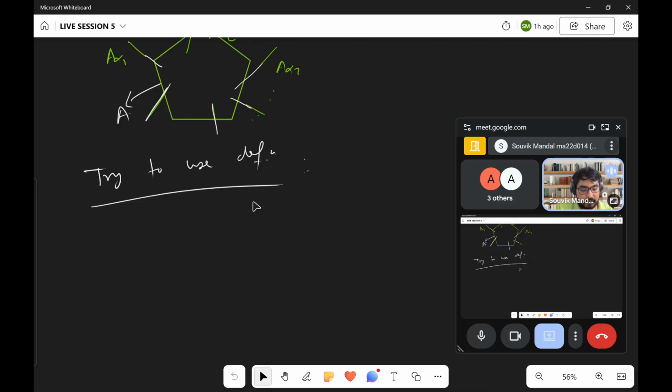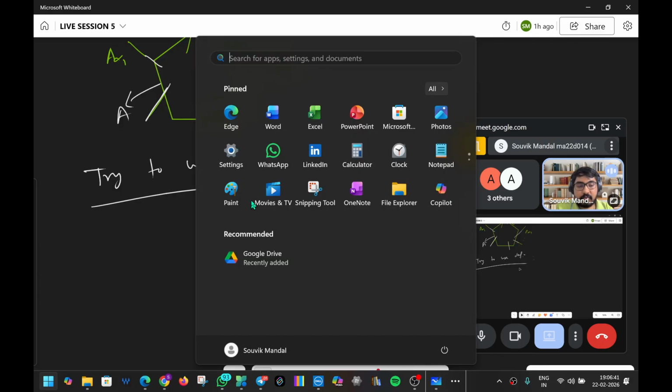Is anybody able to solve it using definitions only? Whatever you have in your mind, you can please tell.